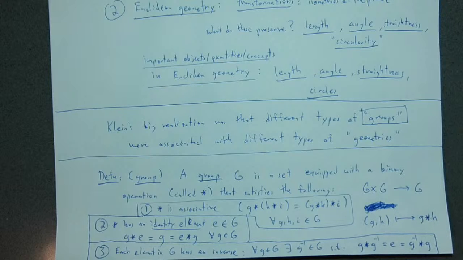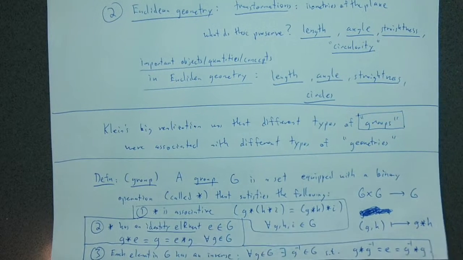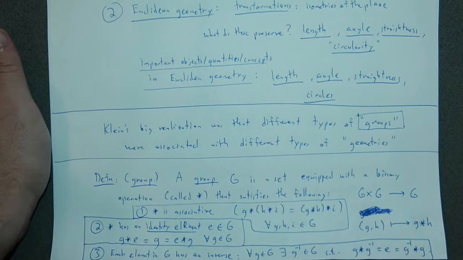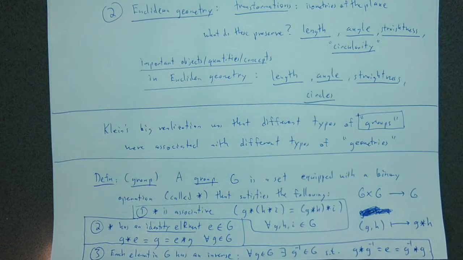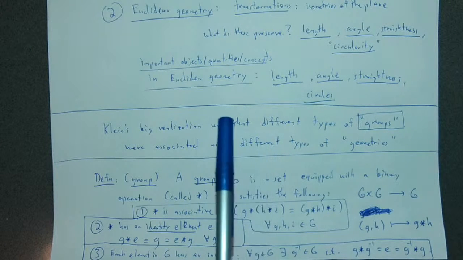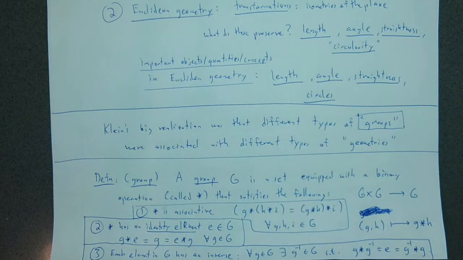And so this concept of group, you'll hear this over and over again. The popular, pop math description is that groups encode symmetry in some way, and that's certainly true. And that's ultimately what we do with them here. As it turns out, these transformations that we talked about, if I consider them as a set, and I consider the star operation to be composition of functions, then those sets of transformations for Euclidean geometry and for projective geometry are groups.